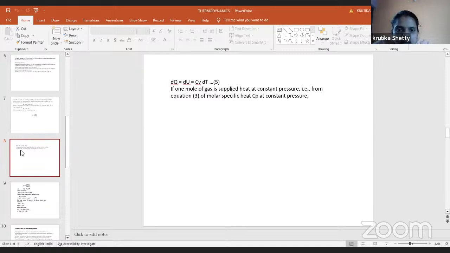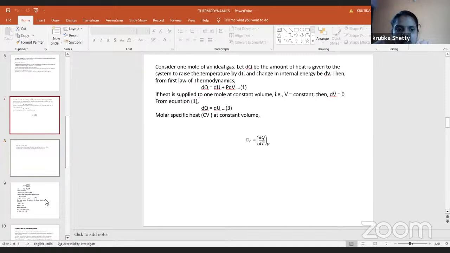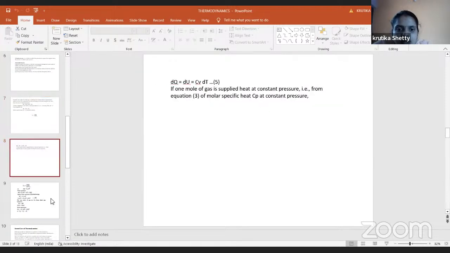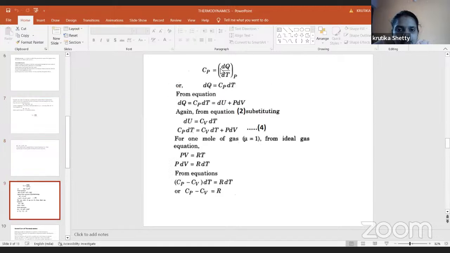All right. Next, for the pressure, what can we write? Similarly, for constant pressure, the expression can be written as Cp is equal to dQ divided by dT at constant pressure. Therefore, dQ is equal to Cp into dT.